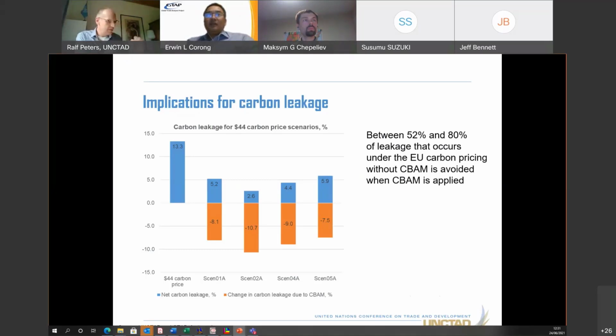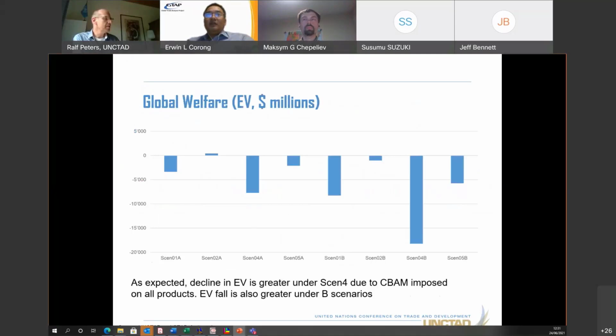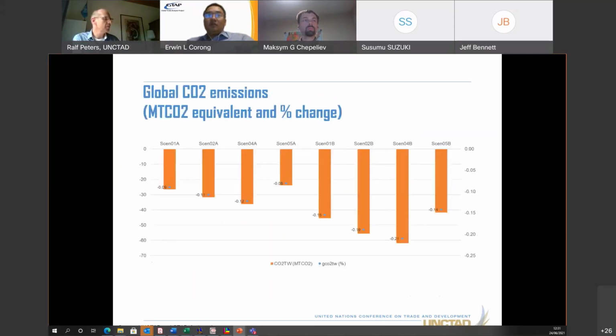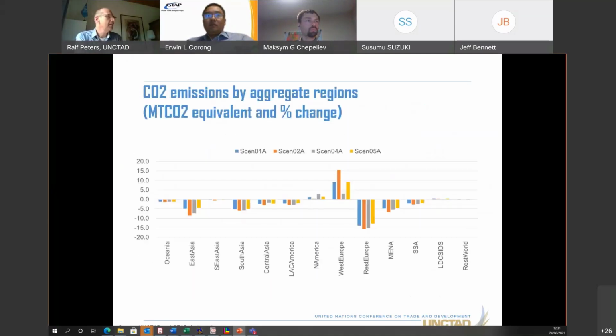Yes, the emissions increase, as shown in this slide. The emissions in the EU increase due to the CBAM, and that is because the leakage is reduced. There is more production in Western Europe because the price of energy-intensive goods produced abroad increases, and that's why some of the production comes back or is increased in Western Europe.